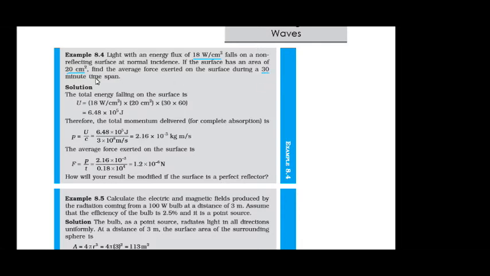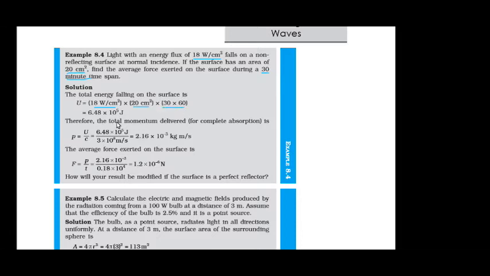So time is also given to you. The total energy falling on the surface U is equal to 18 watt per centimeter square. It is given from here. And area is also given, 20 centimeters square. So total energy falling multiplied by area, and time is also given. Time is 30 minutes, which we have converted into seconds.